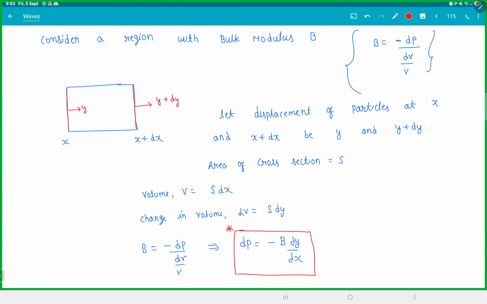So change in pressure at a point is minus bulk modulus into dou y by dou x, where y is the displacement of the particles from the mean position and x is the x coordinate of that particular point. Remember, even in a longitudinal wave, the particles are still oscillating in SHM, but they're oscillating along the direction of the wave.